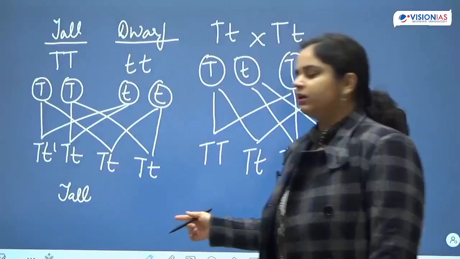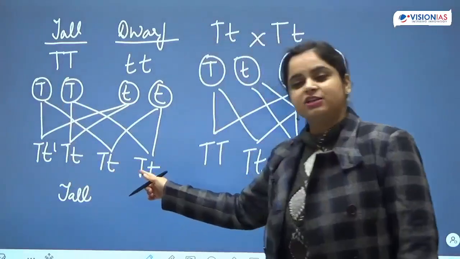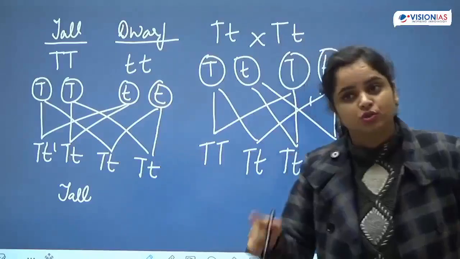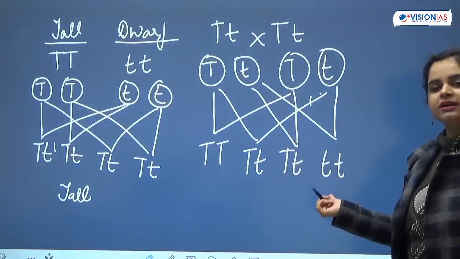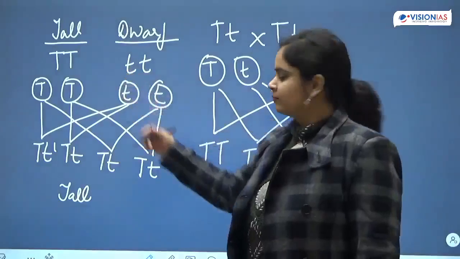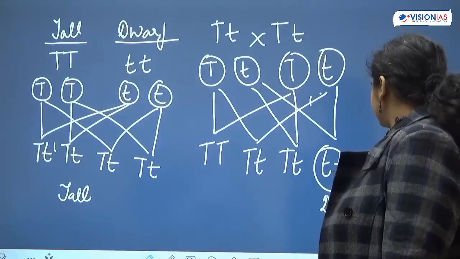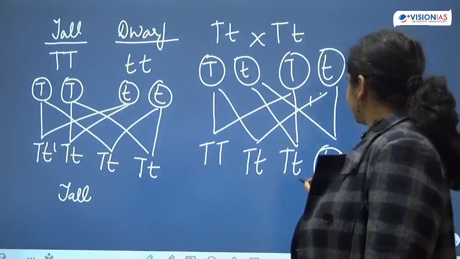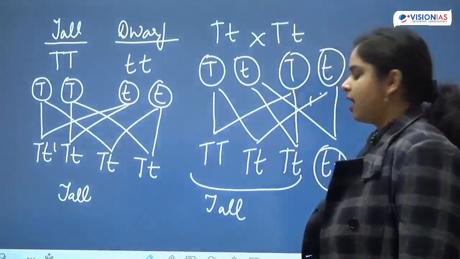Capital T, small t is also tall. And small t is dwarf. So what we have is, we have one dwarf and these three are tall.